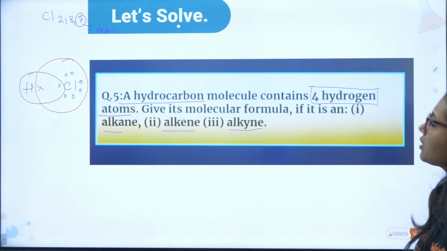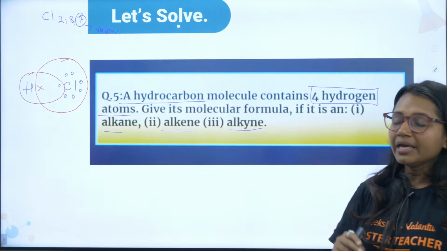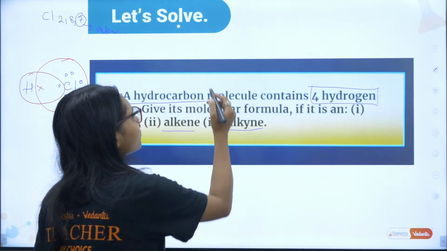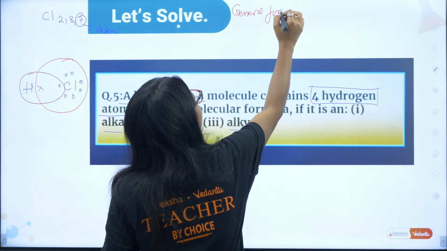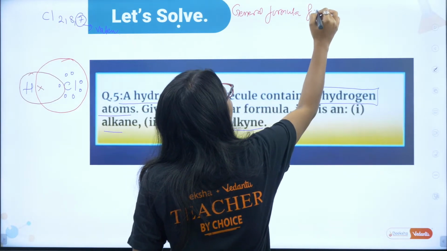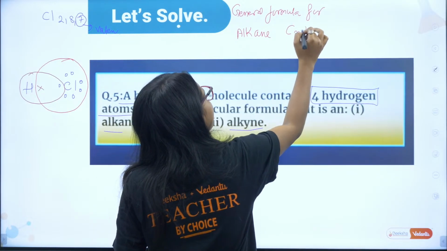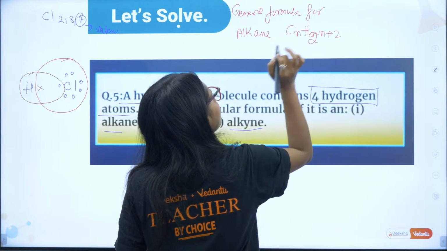Guys, read this question. A hydrocarbon molecule contains 4 hydrogen. If it is alkane, what is the general formula for alkane, guys? It is CnH2n+2. Correct?